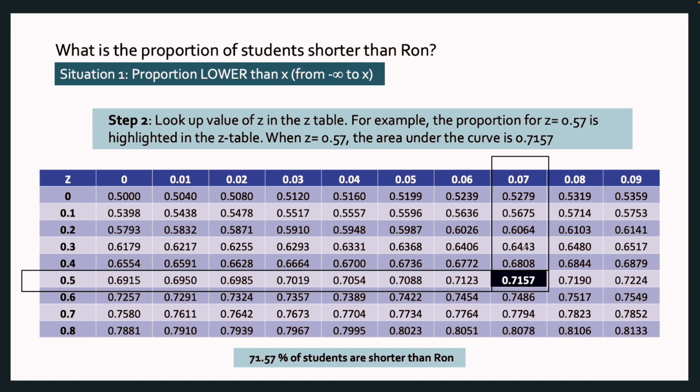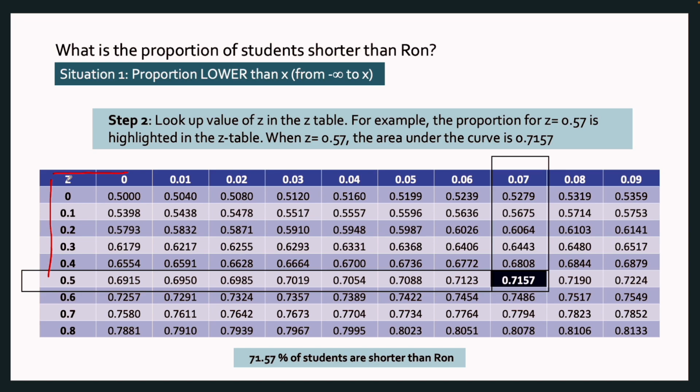If it is negative, then just use the negative z-table. I think that is very easy. This is how your z-table will look. Please notice that in the first row and the first column, this is how you find z. Our z just now is 0.57, so we need to locate where it is 0.57 over here.